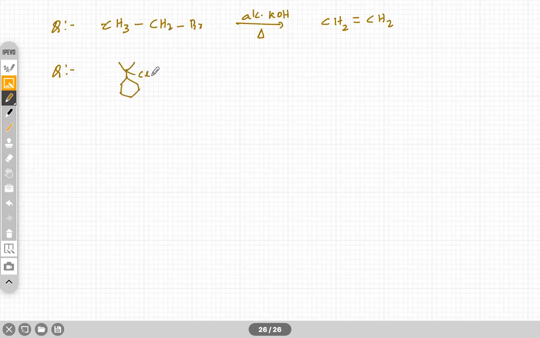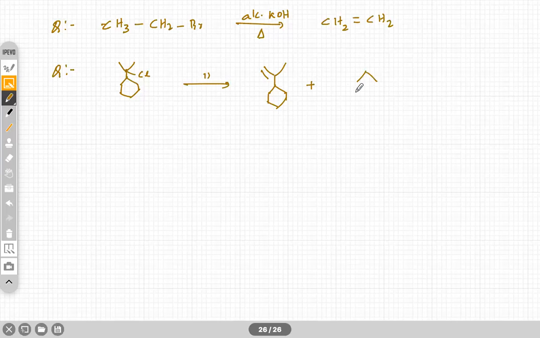If you have Cl here with the same reagent, it gives two possible products because we have two different alpha carbons. This is the other product, right?